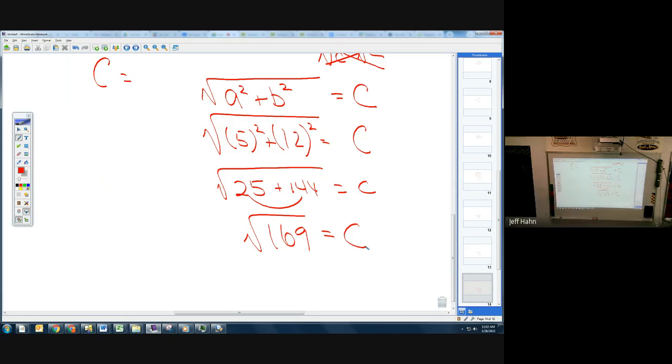Or 13. Is it going to give me 13? I was just testing it. Yes. Are you sure? I'm sure. What's 13 times 13? 169. The square root of 169 is, in fact, 13. And that's what C should have equaled. Congratulations. Look, you just proved our rule.